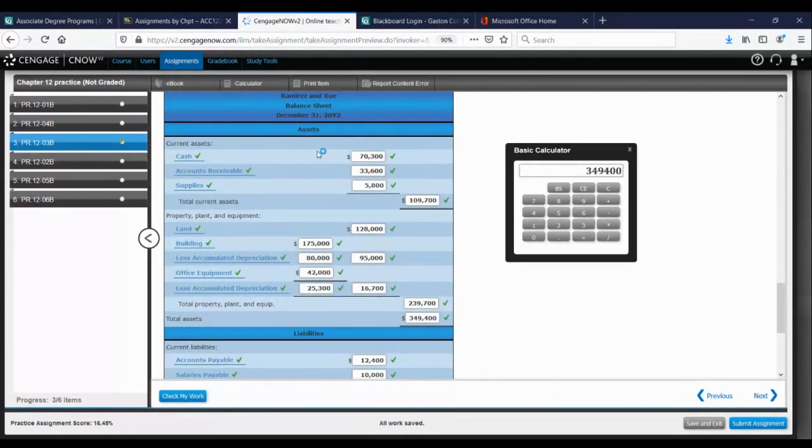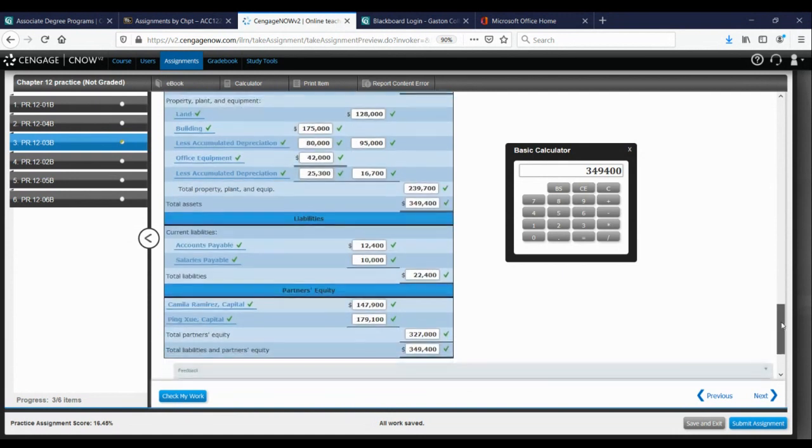It is also called a report form of a balance sheet because the assets are listed at the top of the page, then the liabilities in the center section, and then your partnership equity follows your liabilities. It's all straight down the page. That's what we refer to as a report form of a balance sheet.